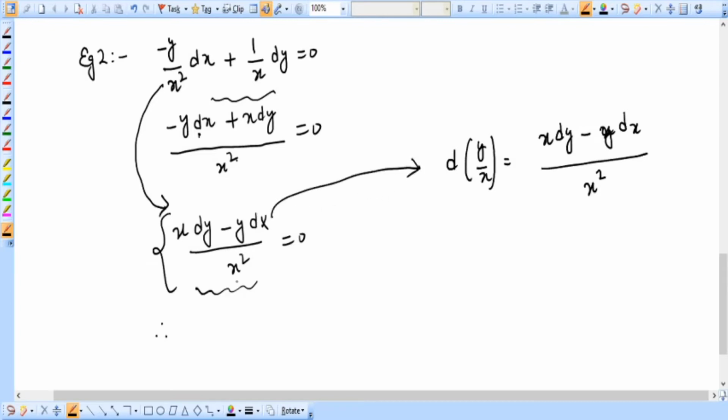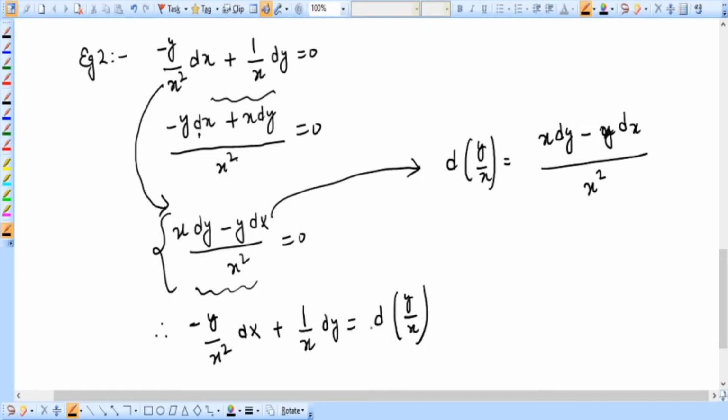So we can write minus y over x square dx plus 1 over x dy is equal to the differential of y over x.